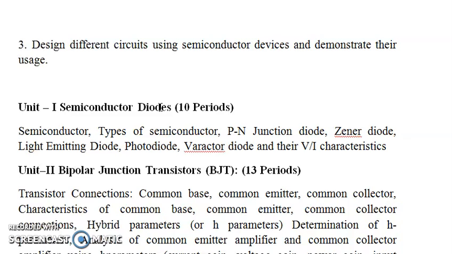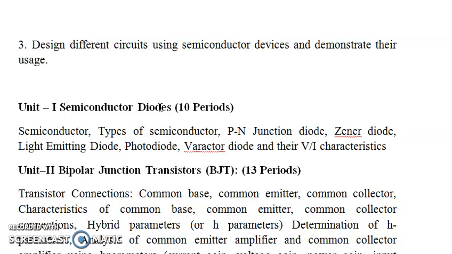And if P and N type semiconductors are combined together, then the formation of a junction takes place.